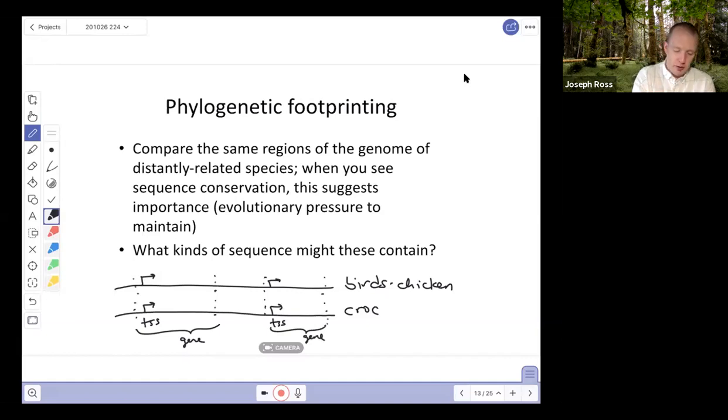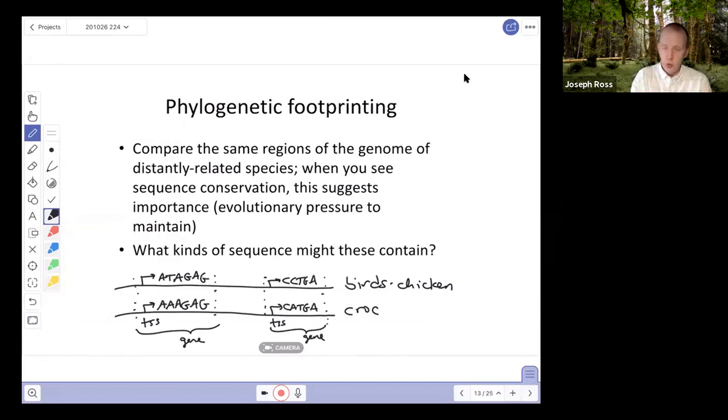And regulatory elements are unlike genes in that the sequences of genes tend to stay, as we just looked at, mostly the same. So there are going to be rare nucleotide differences like that T to A, but in general, protein sequences will remain the same, or almost the same, so that we can identify the genes, because genes tend to be more sequence similar to each other from even just different species.